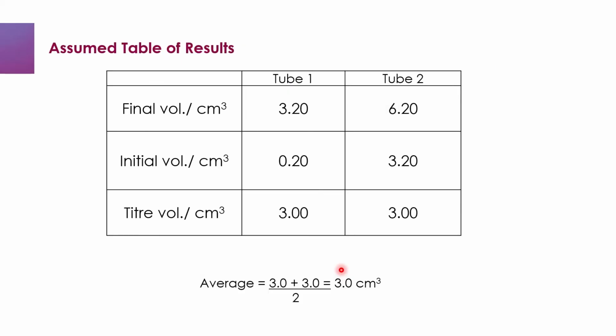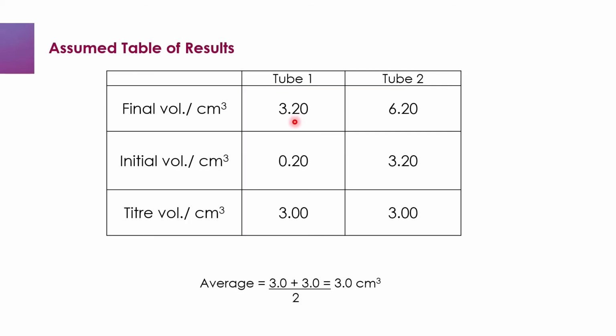So this is my assumed table of results after the Scott's method. So we can see this is our final volume, this is our initial volume, and this is our titre volume. So we are going to titrate each of the test samples in each test tube and compare the color change against that of the control.